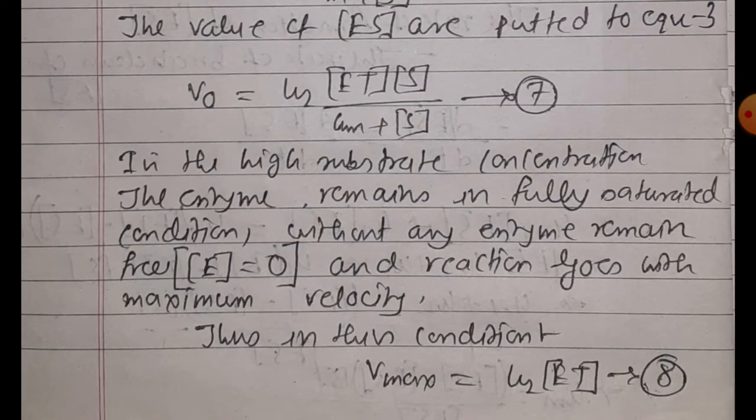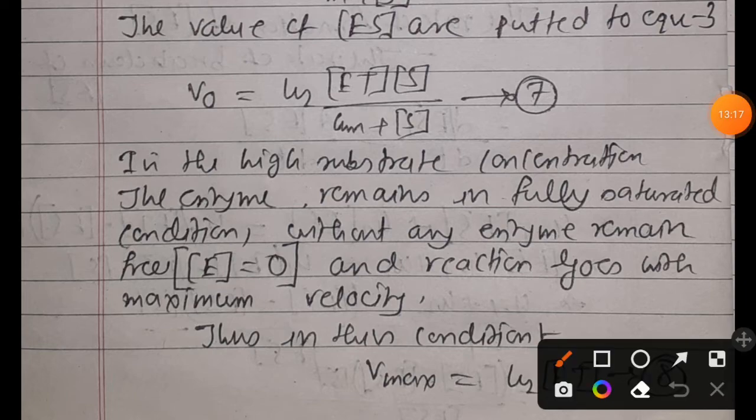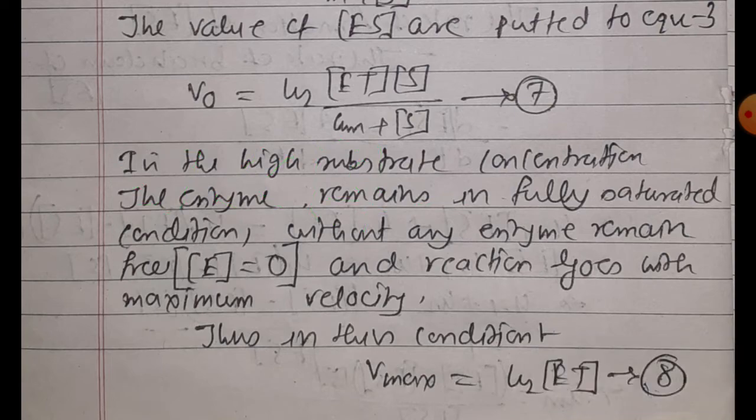Now I have explained what will happen when the concentration of the substrate is very high. The Michaelis Menten equation is applicable only when the concentration of the enzyme is much less than the concentration of the substrate. That means at high concentration all the enzyme will be saturated.